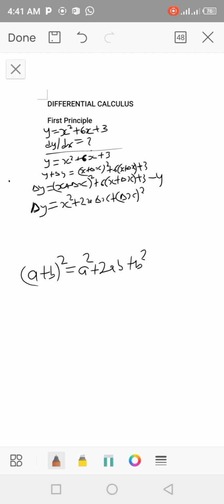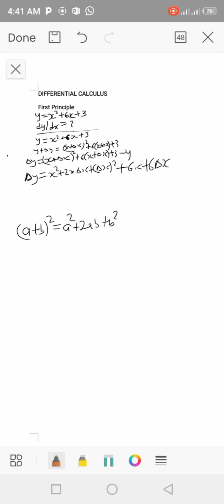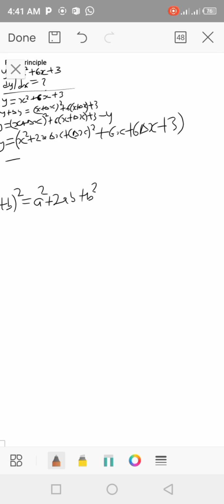Then plus 6x plus 6 changing x plus 3 all in parentheses minus y. What is our y?